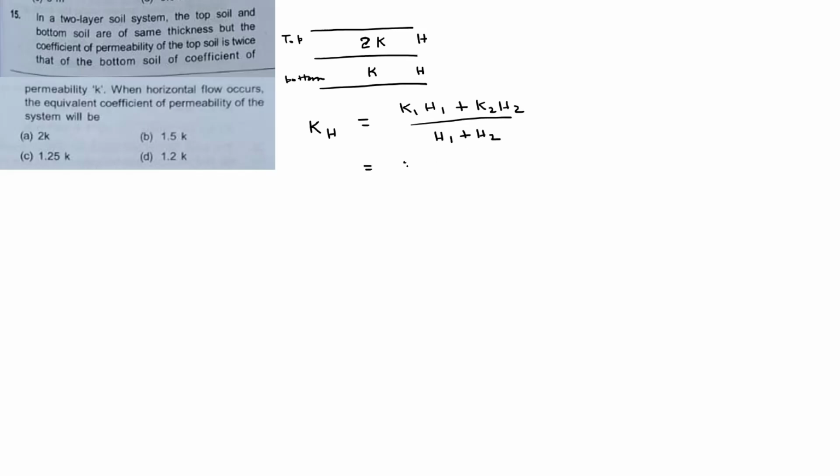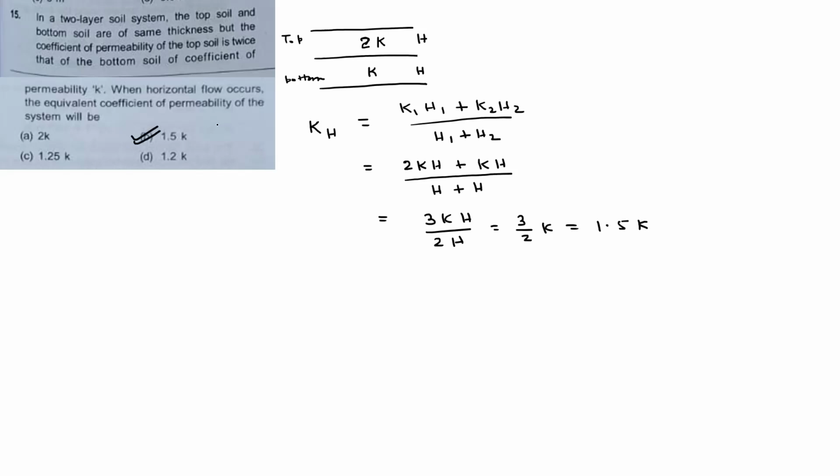So k1 is 2k, h1 is h, plus k2 is k and h2 is h, divided by h plus h. So this is 3kh divided by 2h. So this is 3 by 2 k, which is 1.5k. Option B will be the answer.